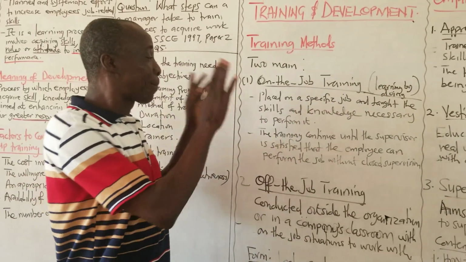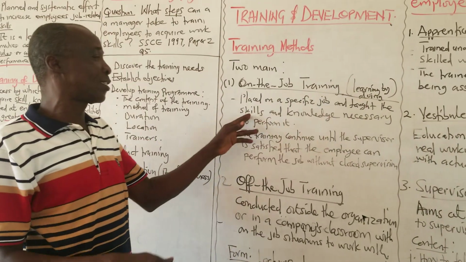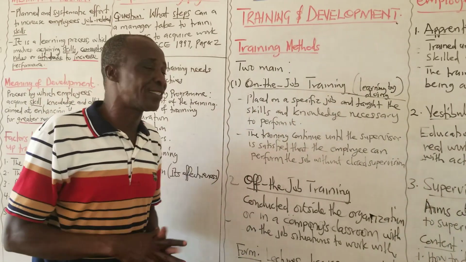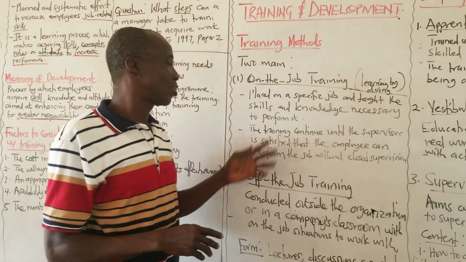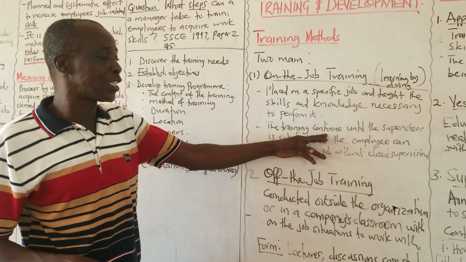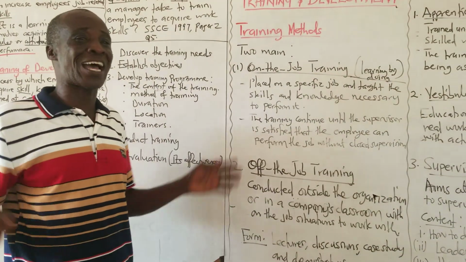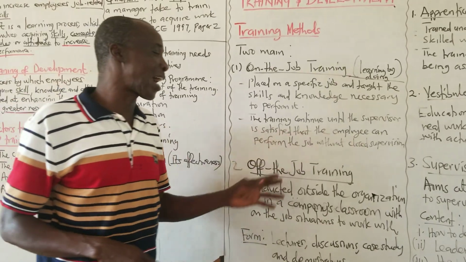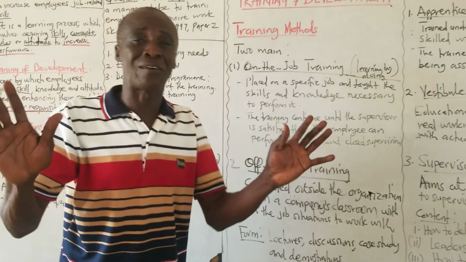So you are placed on the job, then you are taught the skills and knowledge that are necessary to perform that particular job. The training continues until the supervisor is satisfied that the employee can perform the job without close supervision.